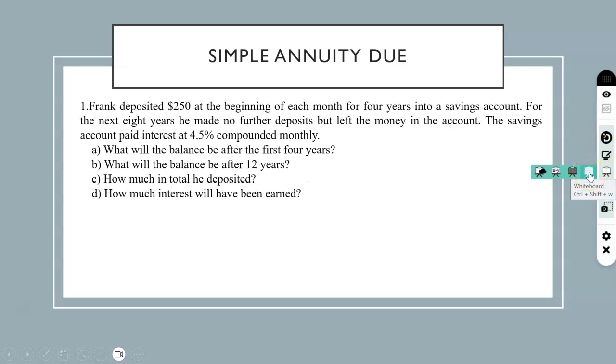I will show you on the whiteboard what it is saying. That means for the first 4 years the payments are done, $250 at the beginning of every month for the next 4 years, and for the next 8 years there is no deposit.